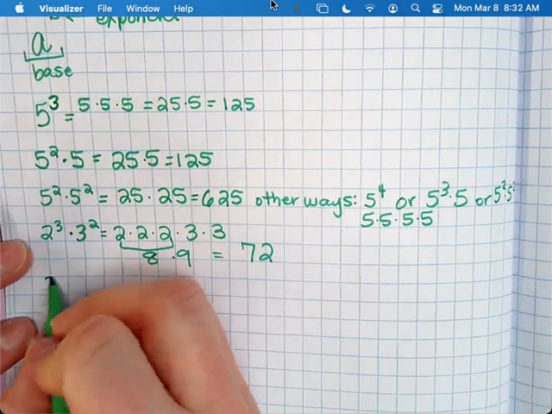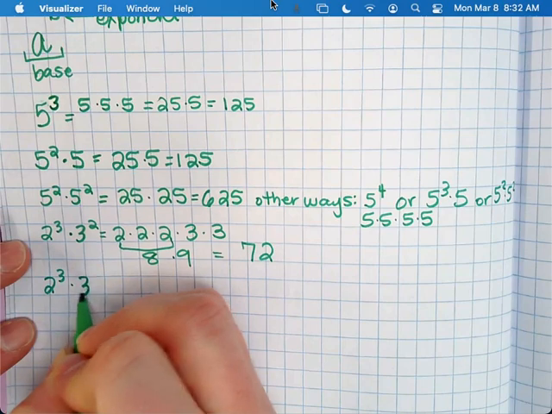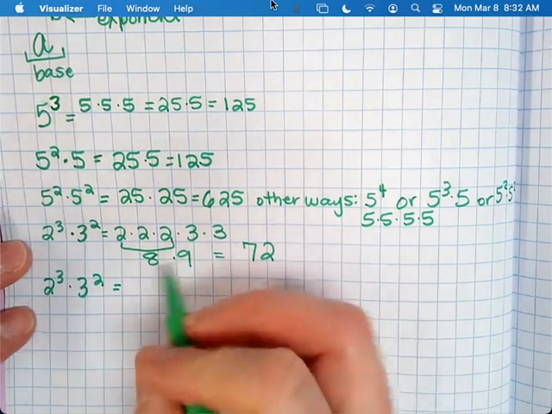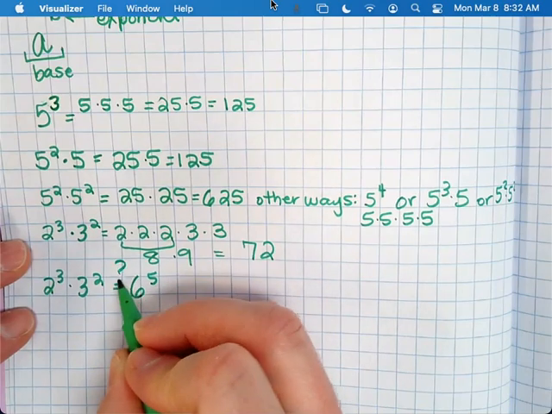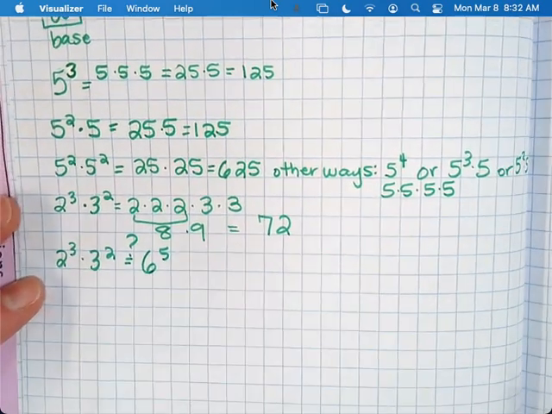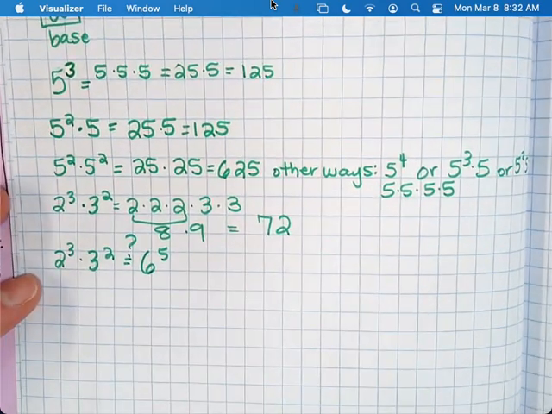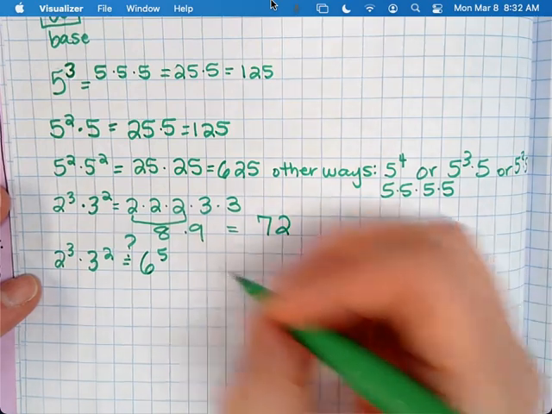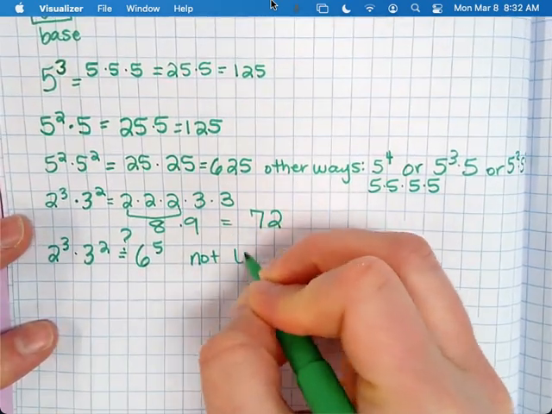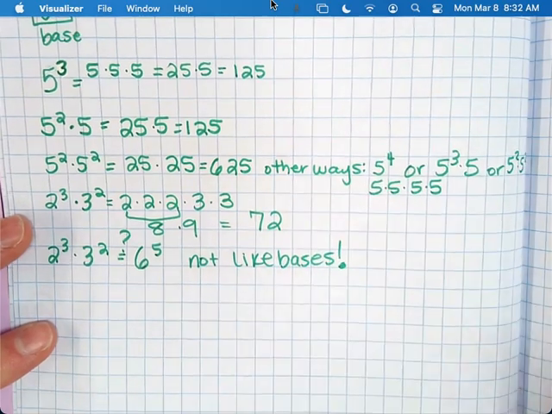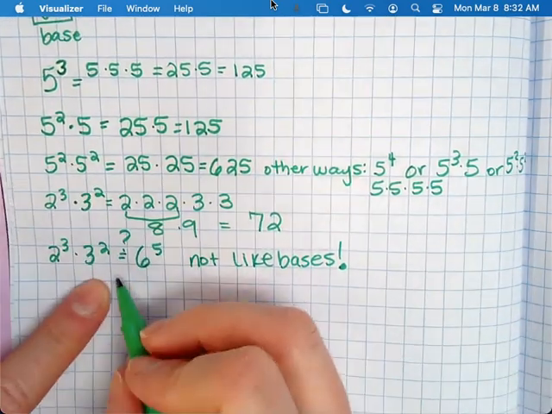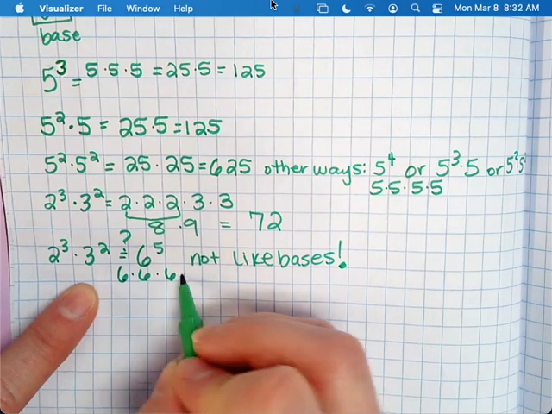Okay, could I say that 2 cubed times 3 squared equals 6 to the 5th? No. Why? Oh, not like bases. Because if I were to do that, that'd be 6 times 6 times 6.